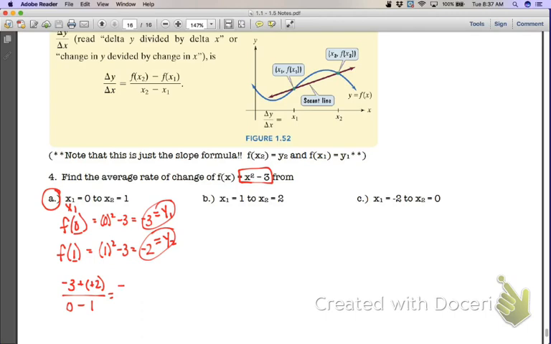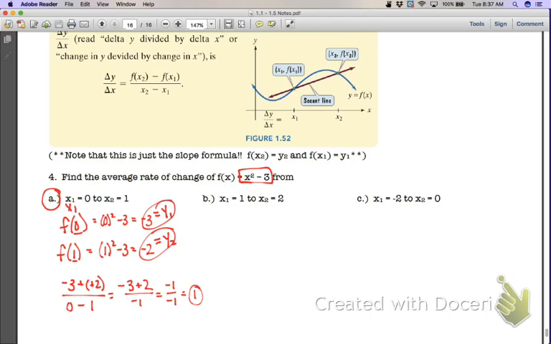And I'm going to have negative 3 plus 2 over a negative 1, which is just going to be a negative 1 over a negative 1. So my slope is 1. Only extra step that you had to do here was figure out where the y values fell on my function, okay, on my x squared minus 3.